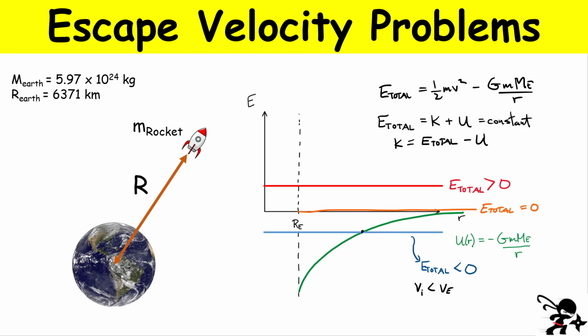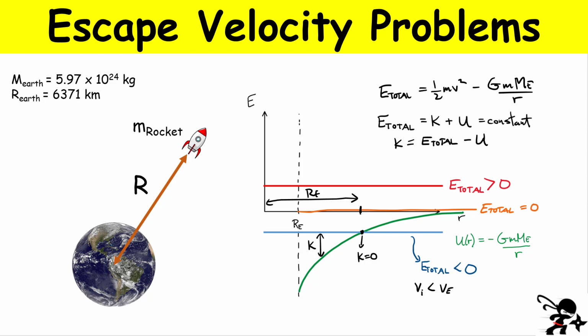Remember, the difference between both of these lines is always the kinetic energy, the K value. So if they intersect, the kinetic energy at this point is equal to 0. That is the maximum distance that I calculated, the value RF. I only get so far before all that energy gets converted into gravitational potential energy.